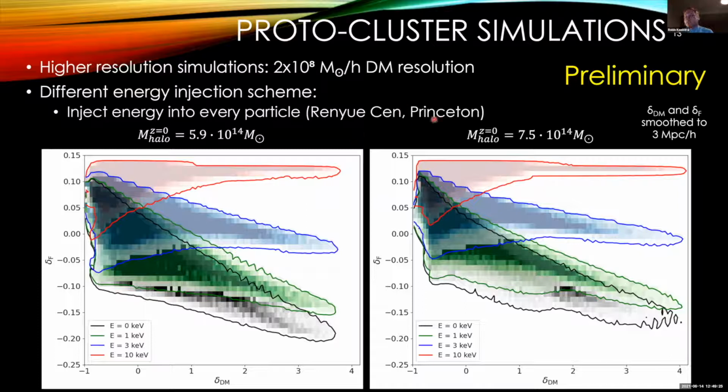So Renwei Chen from Princeton developed a new injection scheme for us, where instead of setting an entropy floor, we now inject energy of different amounts into each particle in the simulation at redshift 3. And then you again get roughly the same trends that we saw before in the lower resolution simulations as well. So that's promising that things work both in lower and higher resolution.